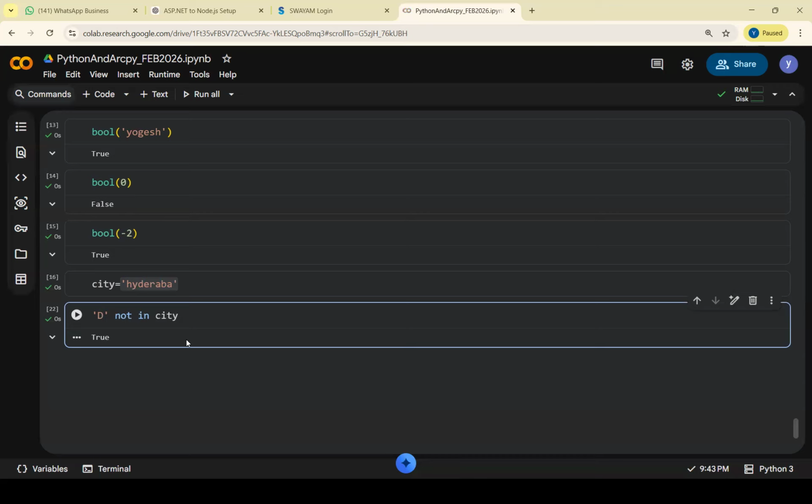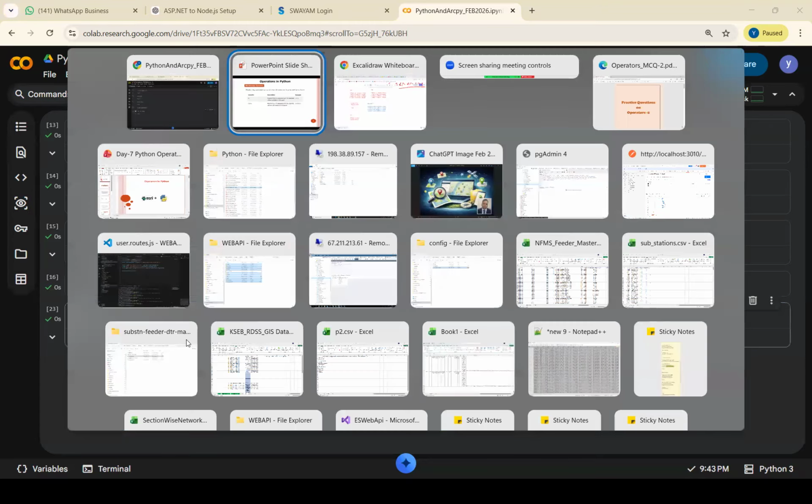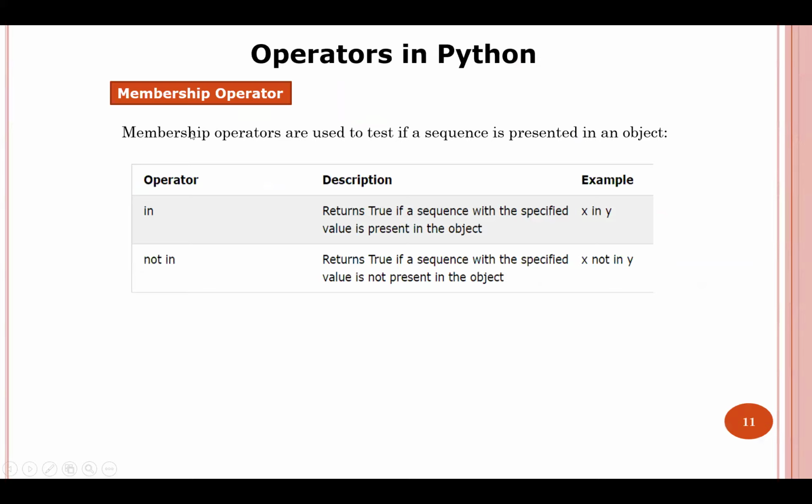So definitely the answer will be true, which means whatever line you have written is correct. If you write D in city, it will give you the answer false, because D is not a member of city. So this is the membership operator.